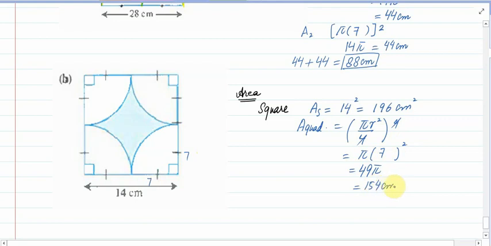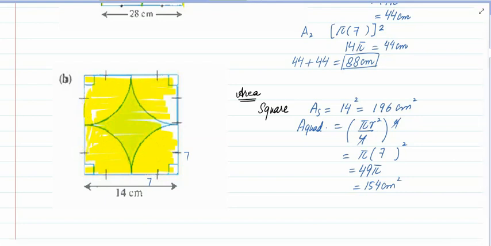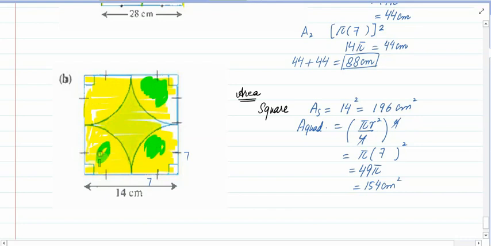So now you have the area of the square and you have the area of the quadrants. When you find out 196, basically you have found this whole area, right? This whole area you have found by the area of a square. Now in this area of a square, you need to subtract these four areas to find the area of this portion, right?